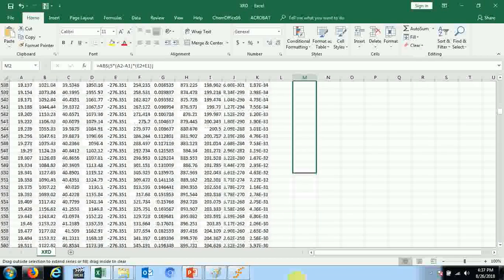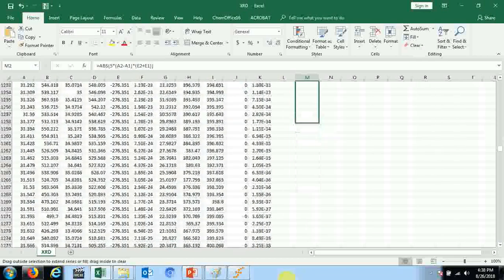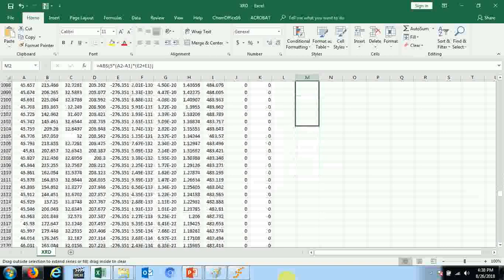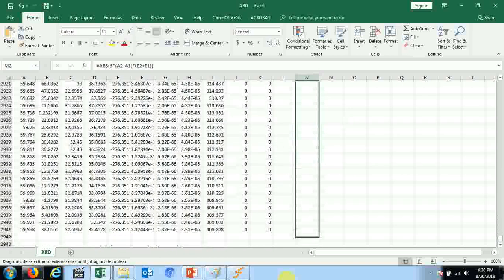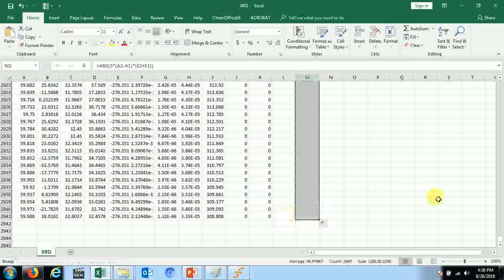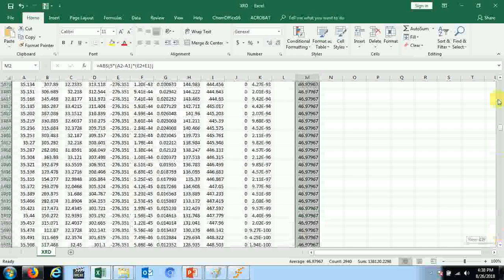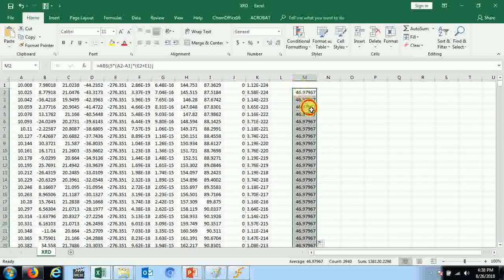Now extending towards the end of the file, we shall get the area under the peak for each and every point under the graph.